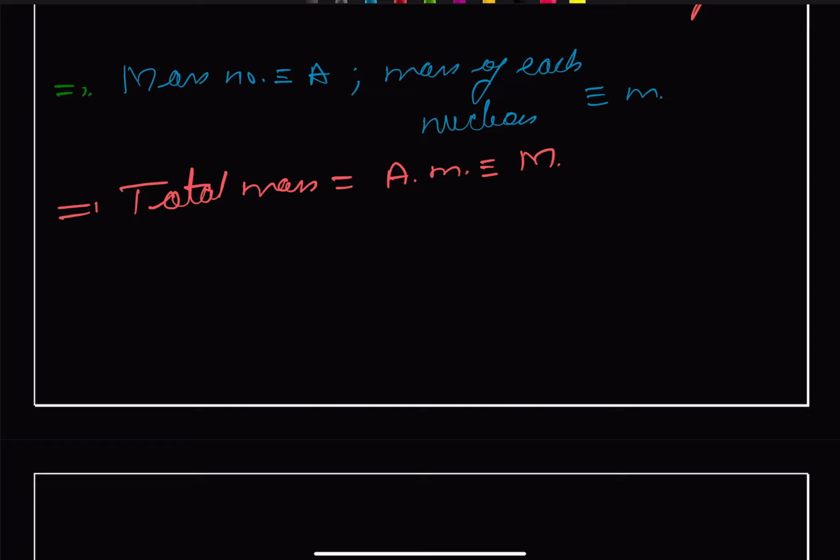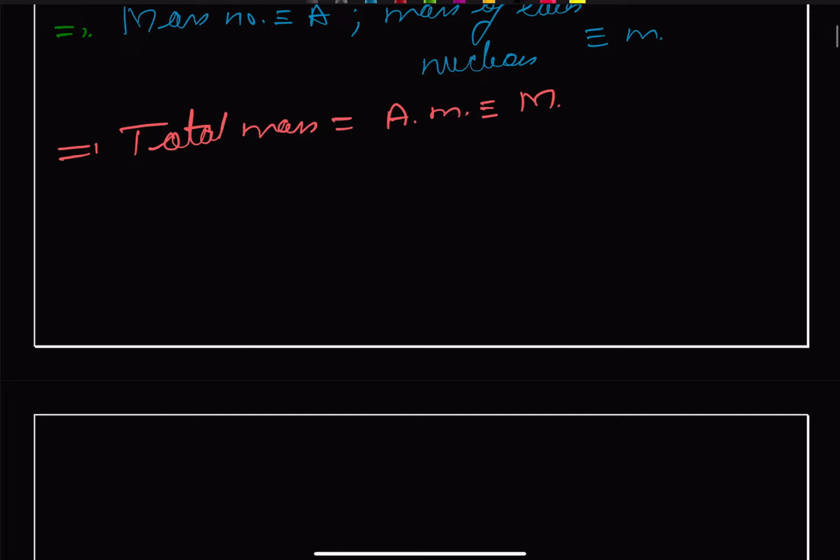And we can also write the formula for our radius in terms of mass number. So we can say radius, that is capital R, will be equal to R naught A raised to power 1 by 3. And this R naught is our constant value, 1.5 into 10 to the power minus 15 meters.